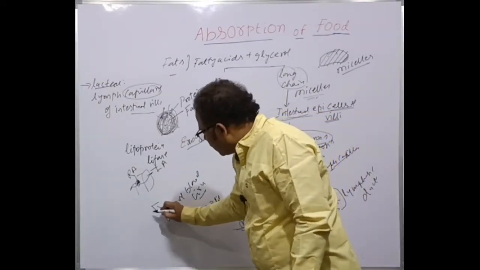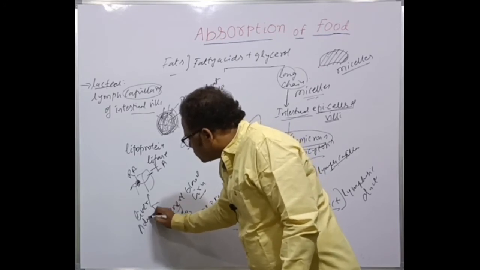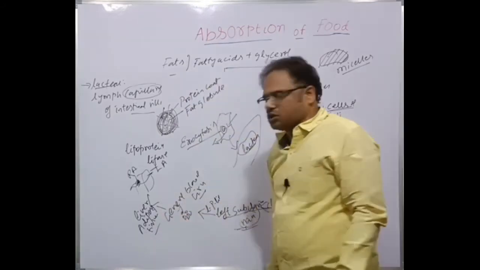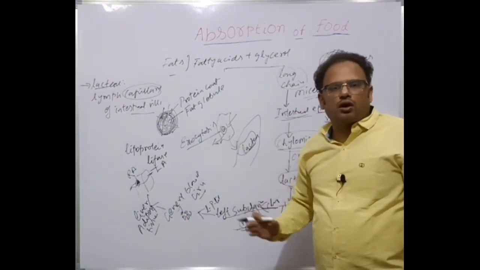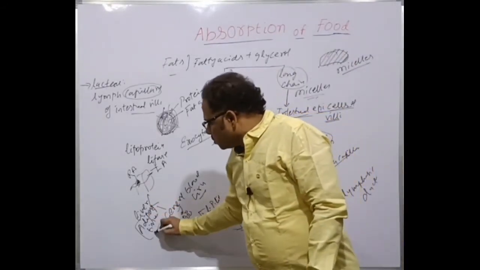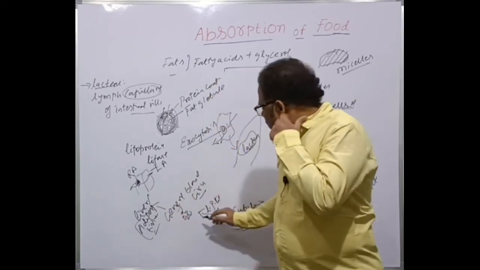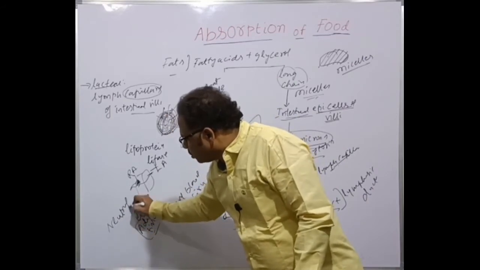It is reaching the liver and the adipose tissue. Adipose tissue contains adipocytes. The fat storing cells are called adipocytes or adipose cells. So in the liver and adipose tissue, which consists of adipocytes, the fat is stored as neutral fat.